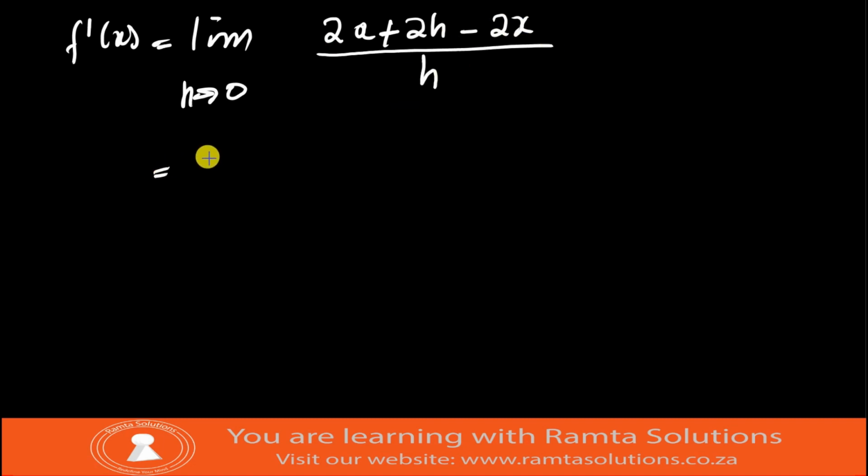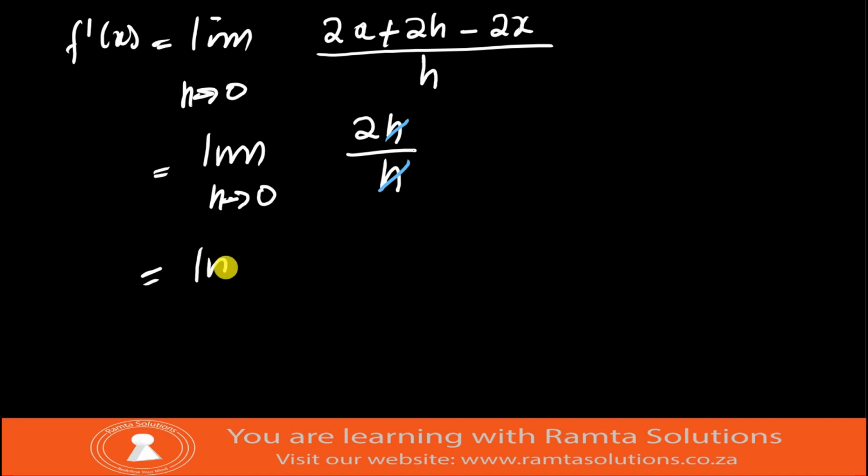Now we simplify the numerator. It is still the limit as h tends to 0 of 2x minus 2x. They cancel, so we're left with 2h over h. Again, as you can see, the h's are cancelling, so we are left with the limit as h tends to 0 of 2.